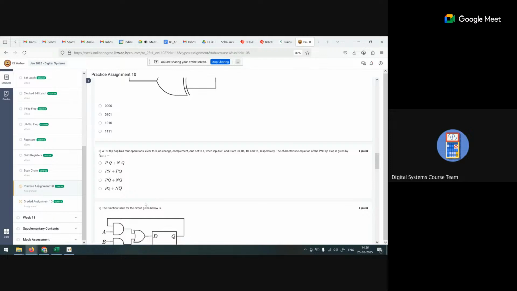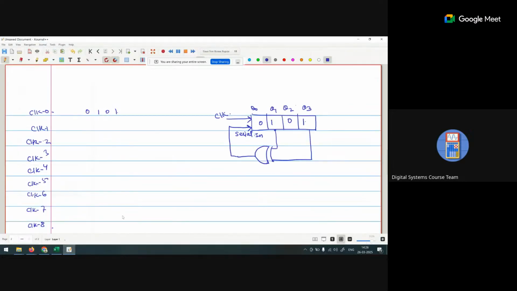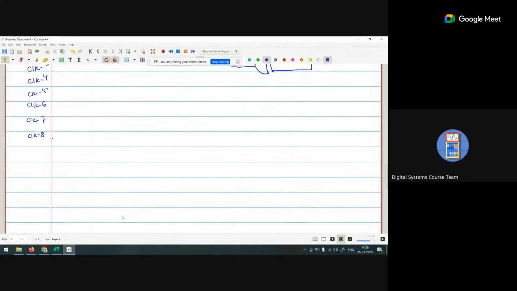Okay, so they are taking a P and N flip flop. That is not a generalized flip flop, P and N. With respect to it, we are getting Q and Q bar.